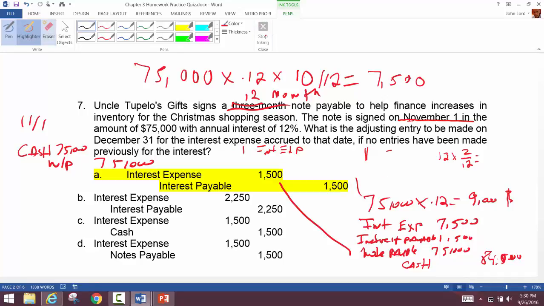Okay. So let's say that I have this $75,000 and I did my interest on it. We've already calculated it was what, $1,500? So I'd go ahead and debit interest expense for $1,500, and then he's also saying that he wants me to pay him, say, how much?